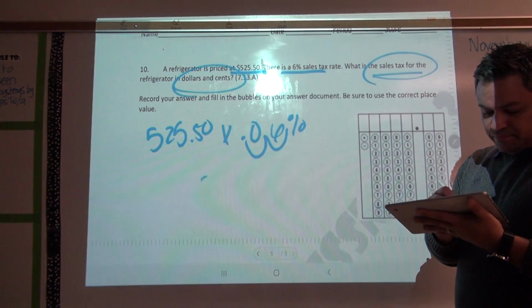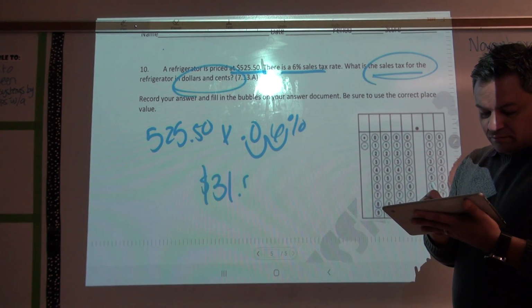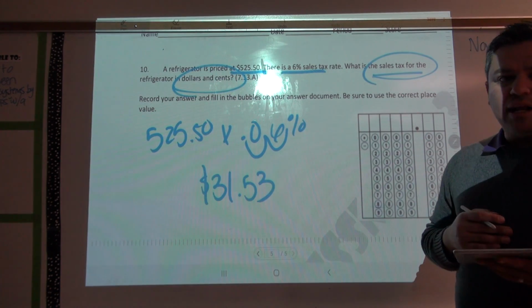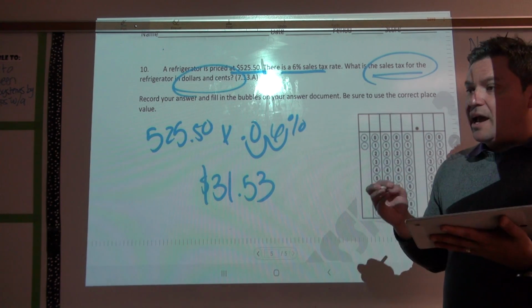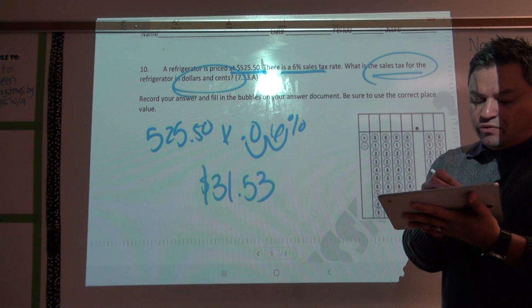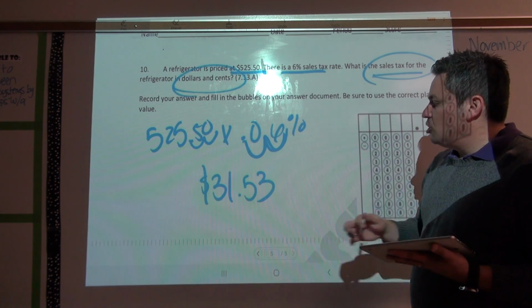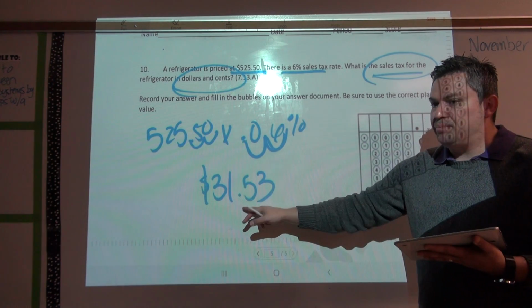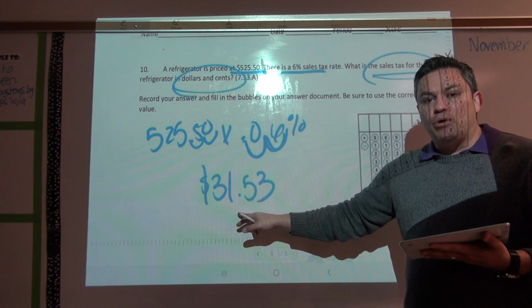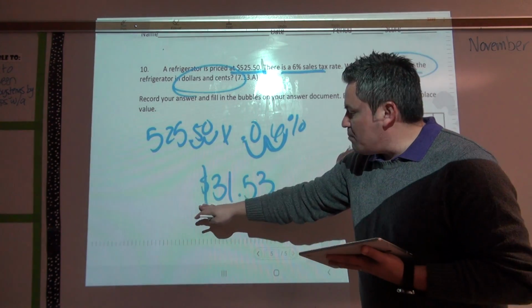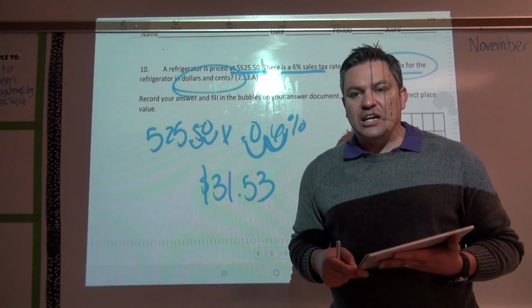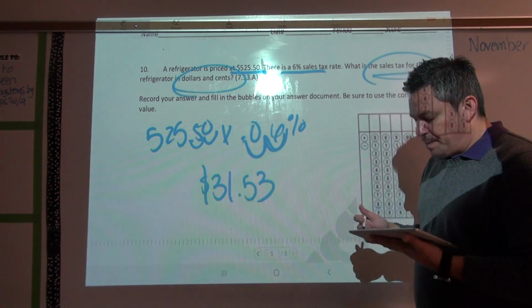$31.53. At the end, you needed to move the decimal 1, 2, 3, 4 places to get the decimal in the right place. A lot of people miss this because you did not move the decimal the number of times that you were supposed to move it.